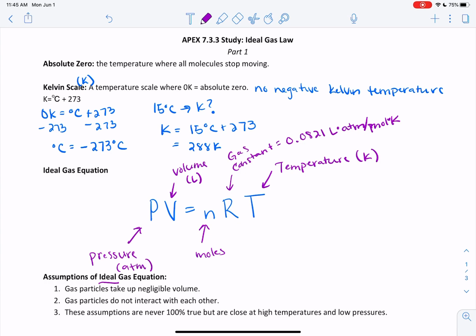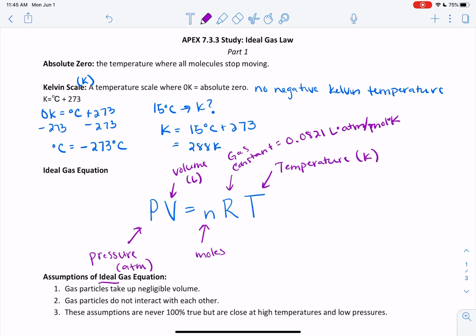That means in their container, they're really, really tiny in comparison to the size of the container. And the second assumption is for a gas to be ideal, the gases need to not interact with each other. So we said there are intermolecular forces in solids and liquids, and in gas there are mostly not intermolecular forces. So this assumes there are none at all.